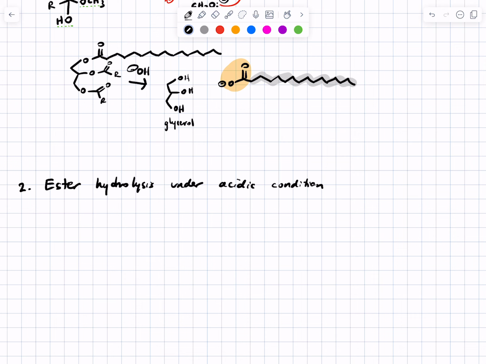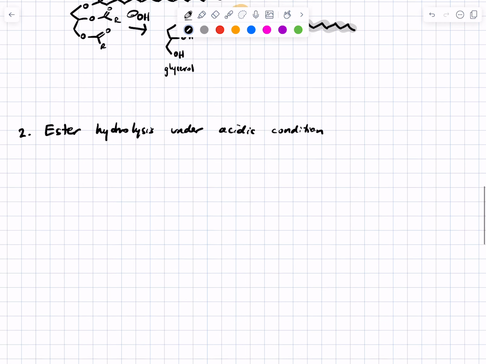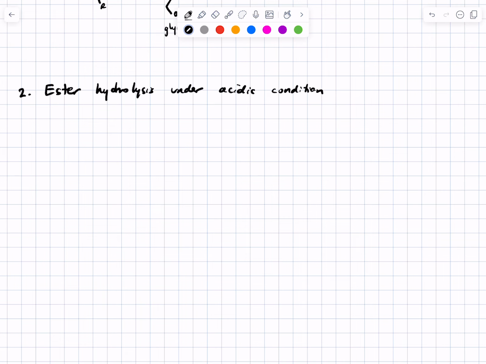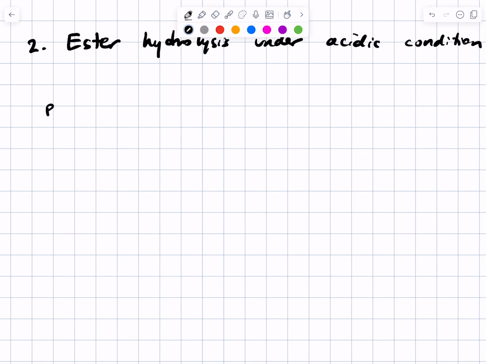As we saw with acetals, the key is going to be whether we're removing water or providing an excess of water. I'll show you ester hydrolysis under acidic conditions, and then we'll go through it the backwards way. So we'll start with the same ester.